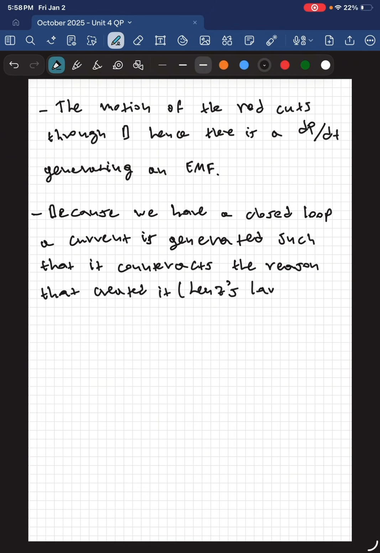Thus the generated current will be opposite to the original current.